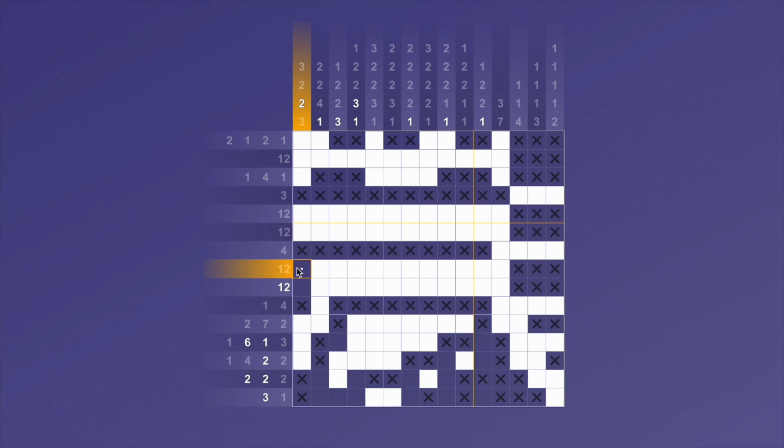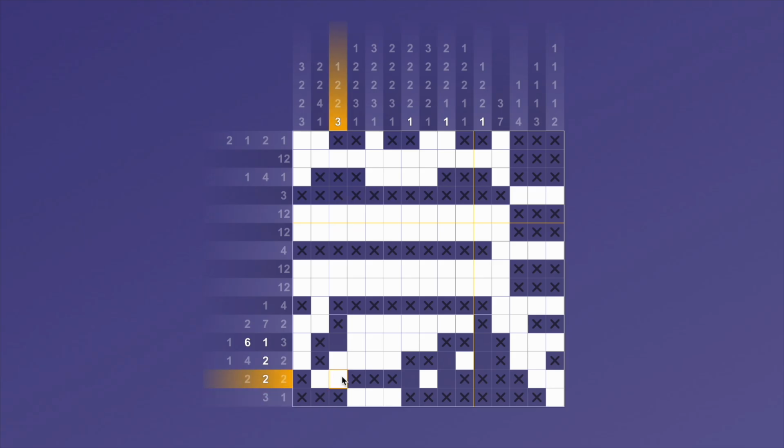And then another 1, 2, 3. Okay, this column has 3. I'll have an X and then a 1. This row starts with 2, so 1, 2. Now this column is complete. This row is complete.